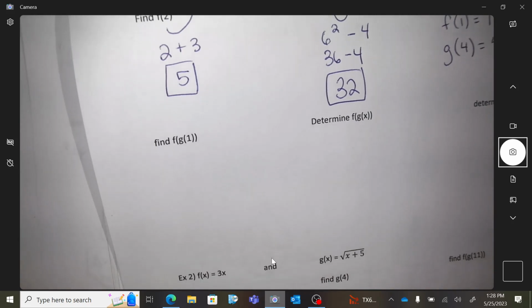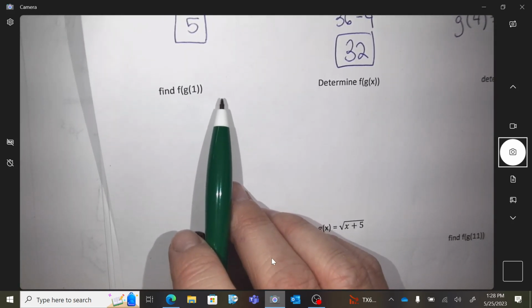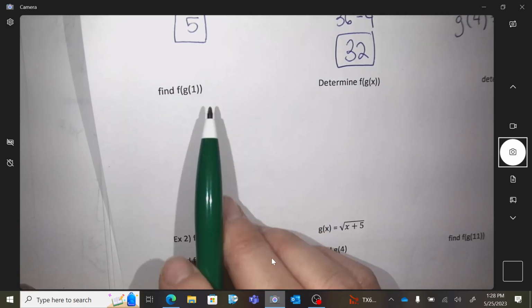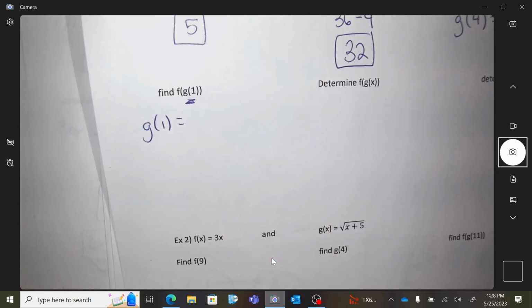Okay, I reversed the direction this time. F of g of 1. This almost looks the same, but it's going to be a completely different answer because this time I have to do g of 1 first.